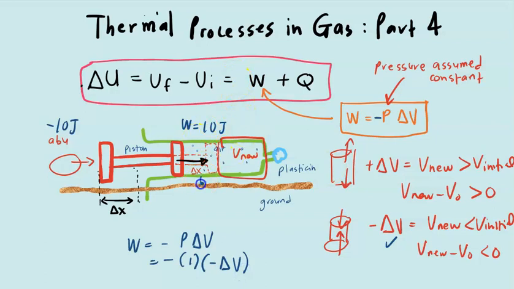Previously the volume was, let's say, 100. After Abu pushed it, it became 90 centimeter cube. So 90 minus 100 is negative 10. Negative 10 is the negative change in V. So this is negative times negative, and you get a positive work done. So yes, our equation works now.